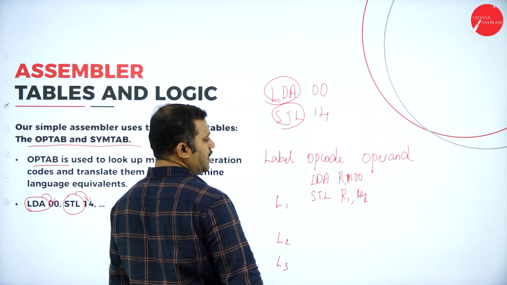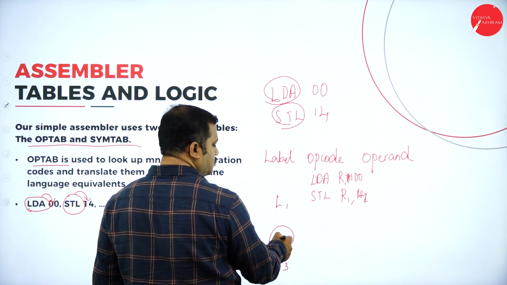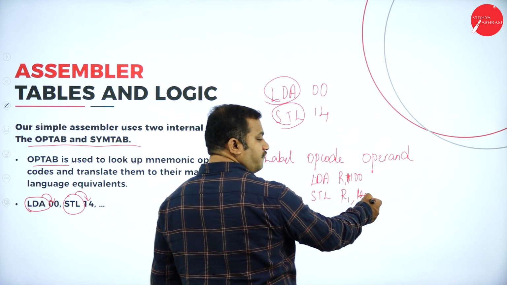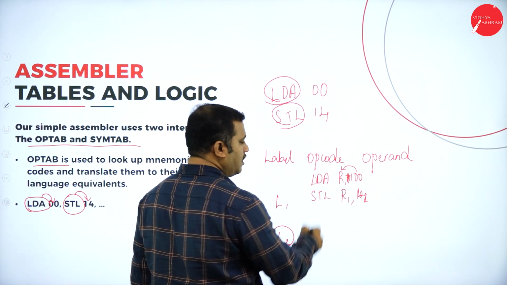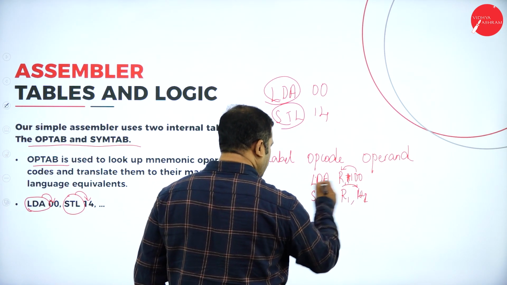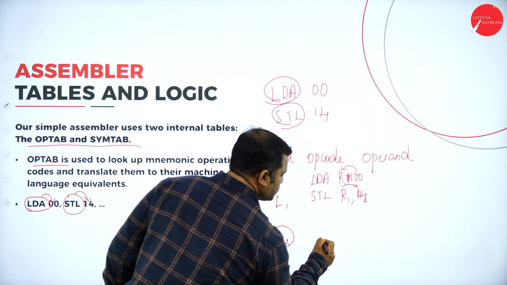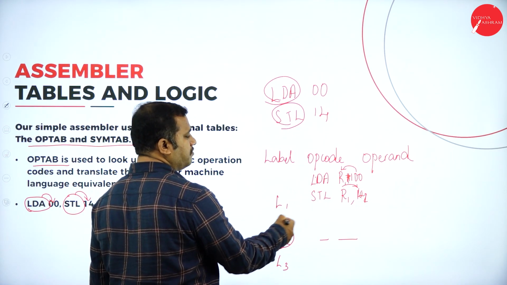In this case, I have a label called L2 which is referenced later. So this is called a forward reference. I am storing the value 100 into the register R1, and register R1 is used to store it into the label L2. The L2 contains the storing of values here. So all these are certain types of information.